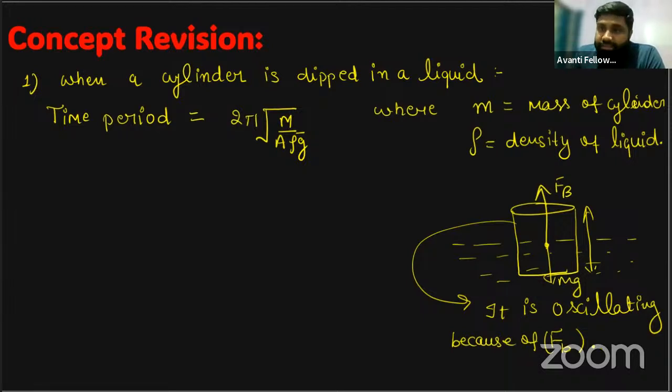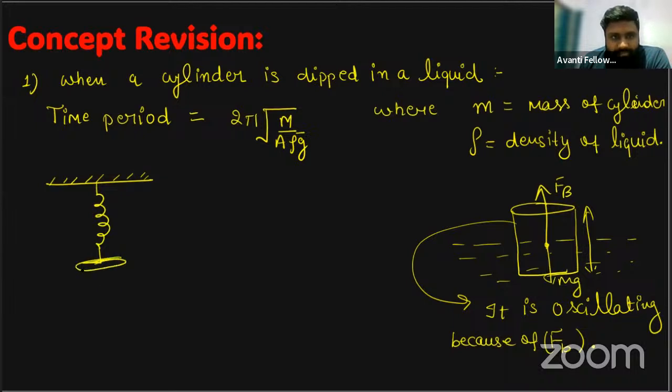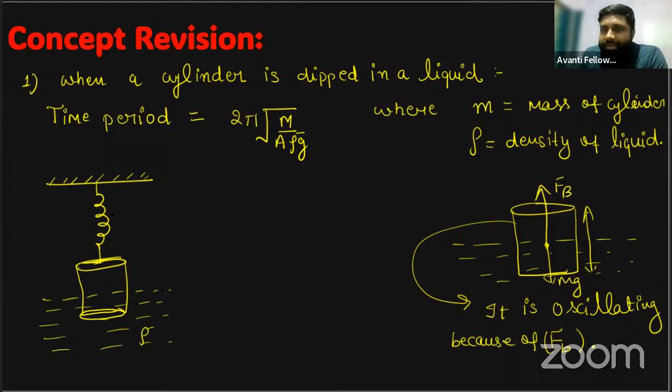Now, in this case, we have various situations. We can modify this. Like if this is a ceiling here and we have a spring, and we attach this cylinder with the spring, and this cylinder is partially dipped inside the liquid of density rho, then what would be the time period? The spring constant is k.